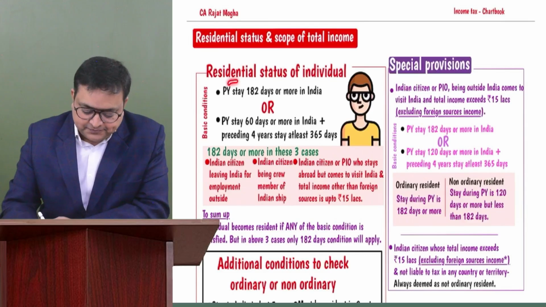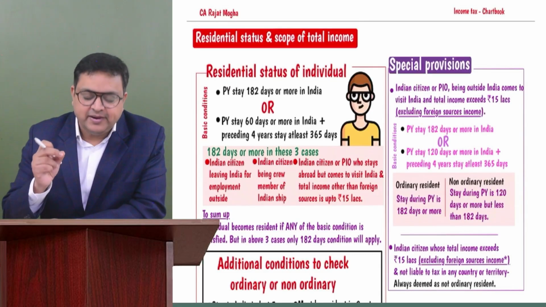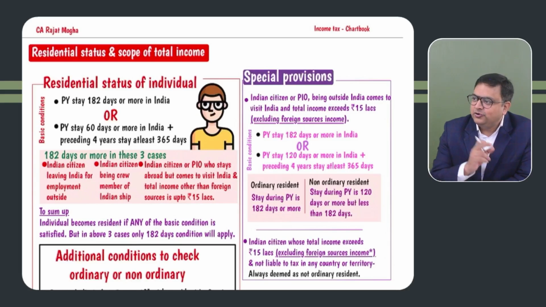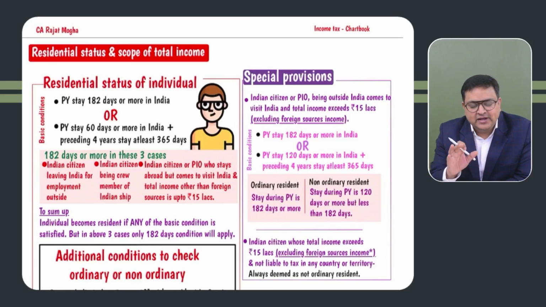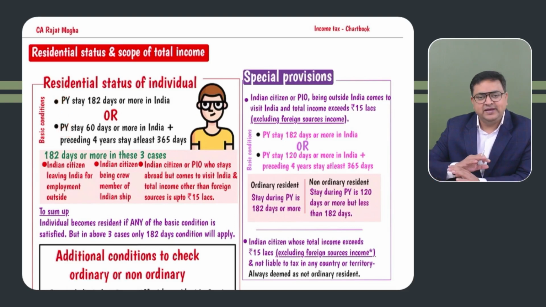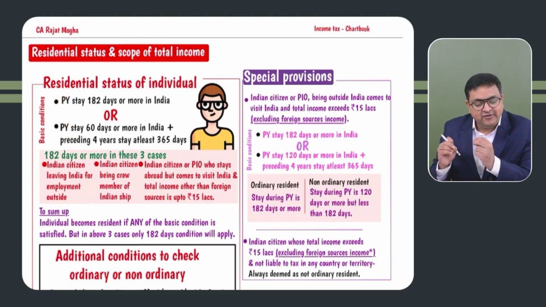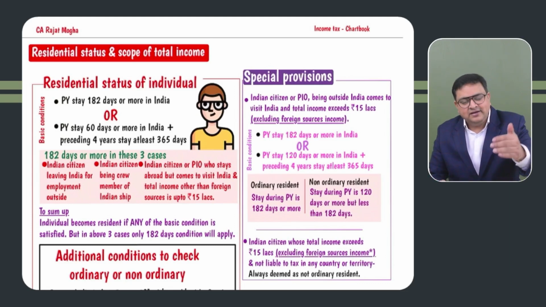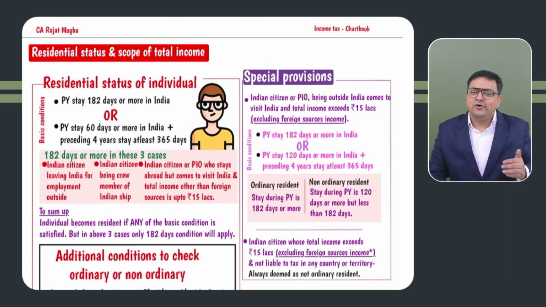Now, how will you determine the residential status of an individual? We all know that there are two basic conditions. If any of the conditions is satisfied, the individual would be a resident assessee. If both conditions are not satisfied, then we can simply say the assessee is a non-resident. And once resident, determine further ordinary or not ordinary.